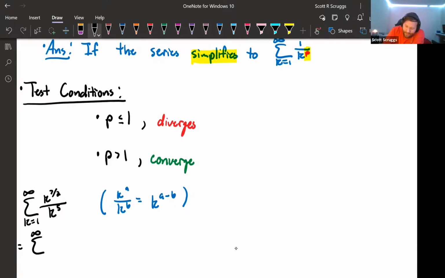Doing that, I will get k to the 7/2 minus 5. 5 is a fancy way of writing 10 over 2. So 7/2 minus 10 over 2 should give me -3 over 2.